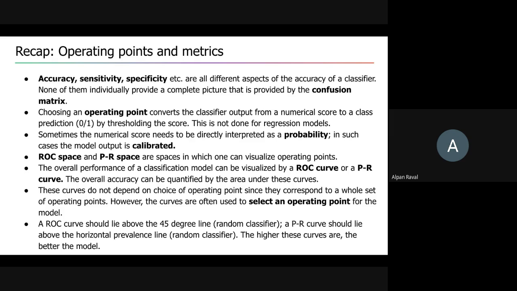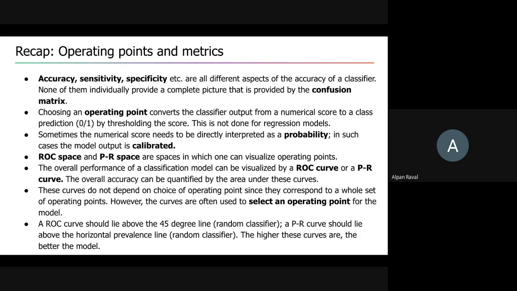Obviously this is not done for regression models, only for classification models. Then we discussed calibration. The numerical score sometimes needs to be directly interpreted as a probability. In such cases, you have to do some additional work to convert the score to a probability, and this additional work is called calibration. Then we say that the AI model output is calibrated.